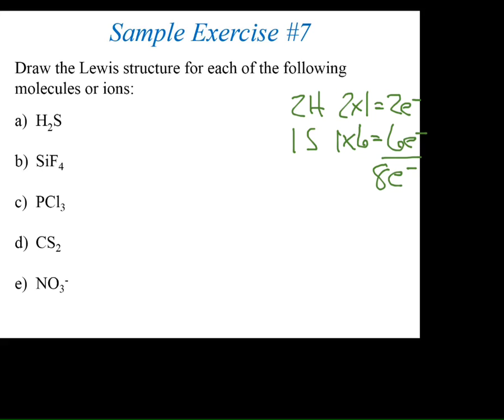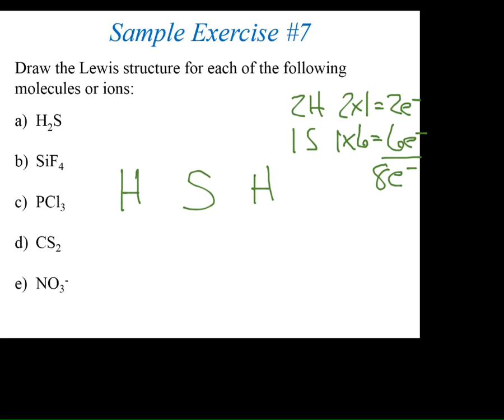Awesome. Okay, which element goes in the center of the molecule? Sulfur, because it's by itself, and also H can never be in the center. You can never make more than 1 bond with an H. So I'll put an S there, and then we'll just kind of spread those H's around. So you can put 1 here, 1 here.